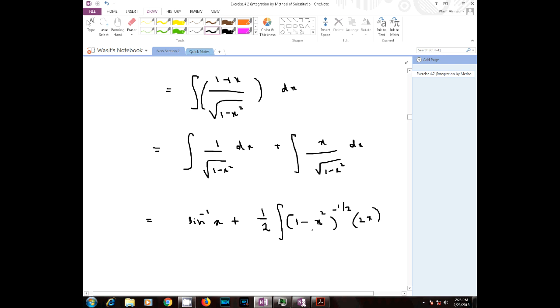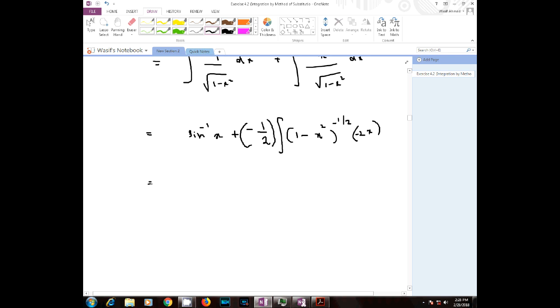Since the derivative of 1 minus x square is minus 2x, therefore you will multiply minus here, and you will also have to multiply minus at the outside for the balance.